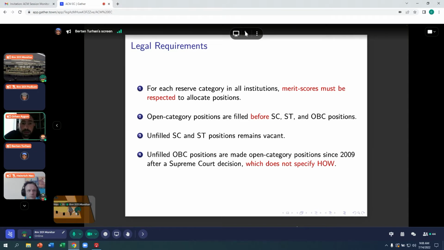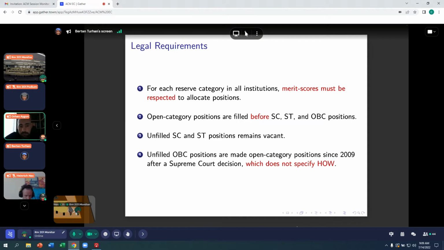Next, if due to lack of demand, SC and ST category positions are vacant, then we do not reallocate those positions. On the other hand, for OBC positions, we need to reallocate them, and we must turn them into open category positions.